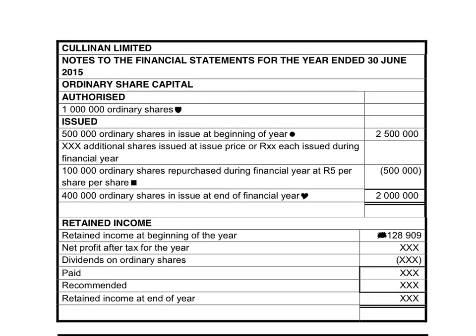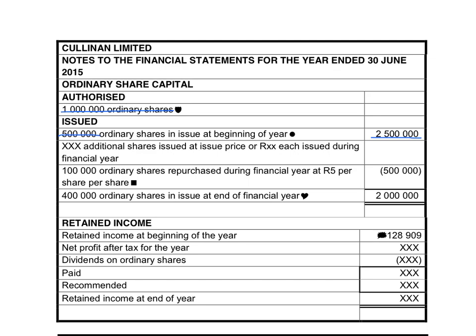If we look at the note to the financial statements for ordinary share capital, we will show the authorized share capital is 1 million ordinary shares. How many of these shares were issued at the beginning of the year? 500,000 was my opening balance, and that was worth 2.5 million rand.